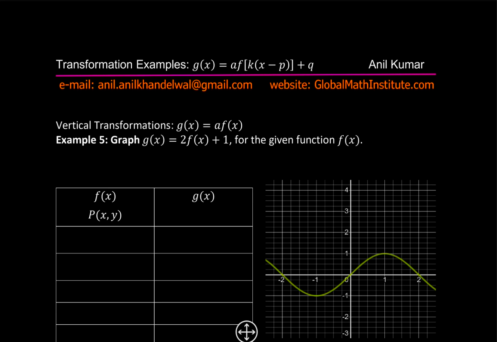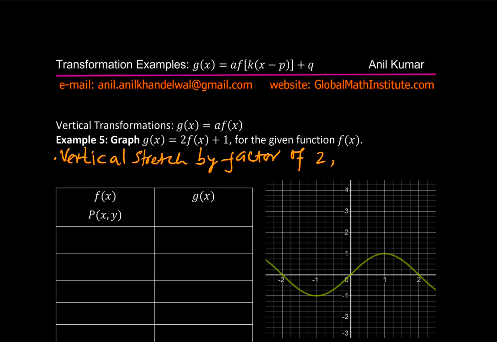Another example on vertical translation, example 5. Graph the function g of x, which is equal to 2 times f of x plus 1 for the given function. So the function is given to you, right? And here is your transformation. Let's write down the transformations first. So first we go for multiplication. So basically it is vertical stretch by a factor of 2 and translate 1 unit up.